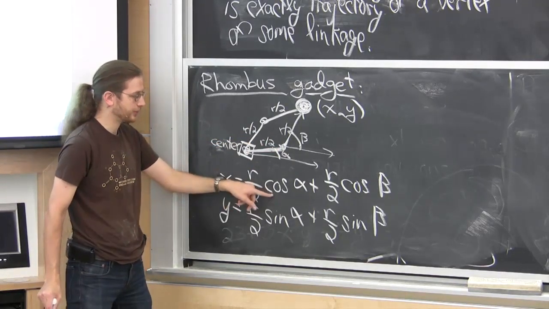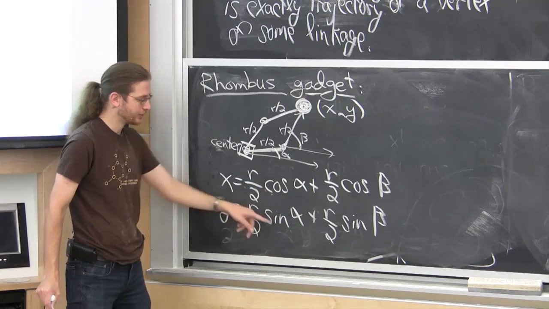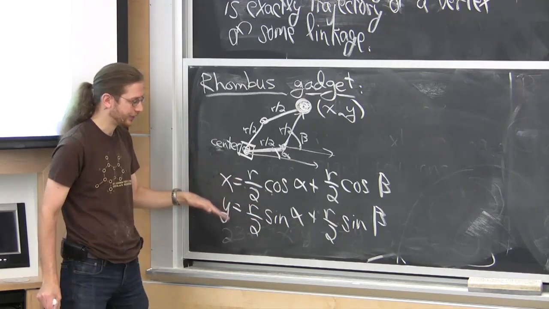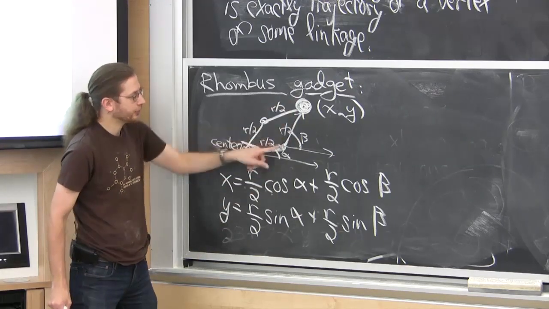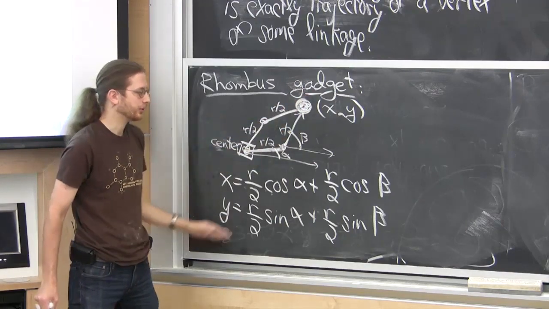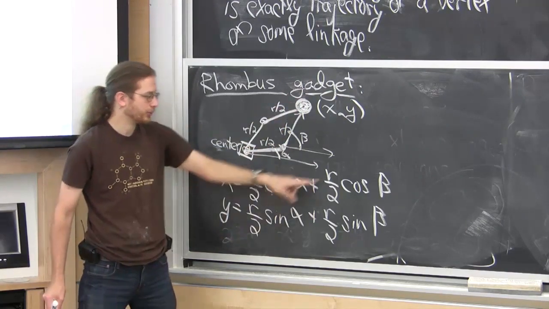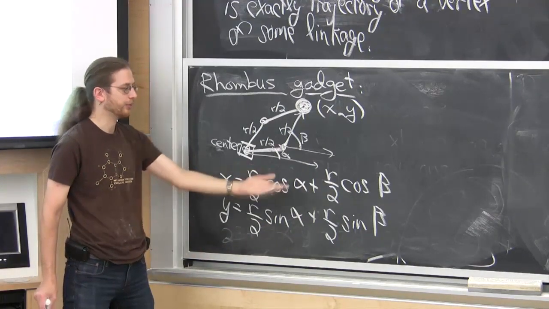So I have r over 2 times cosine alpha in the x-coordinate, r over 2 sine alpha in the y-coordinate. It's nice and alphabetical. Then from there, I go in this direction, which is in the beta direction, the cosine beta, sine beta direction. I go that direction by the same amount, r over 2. So there you go. That's x and y written in terms of alpha and beta.